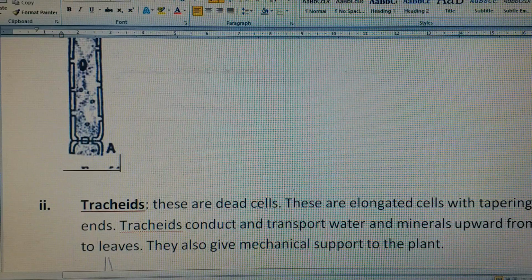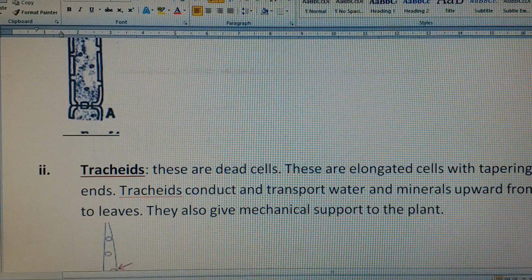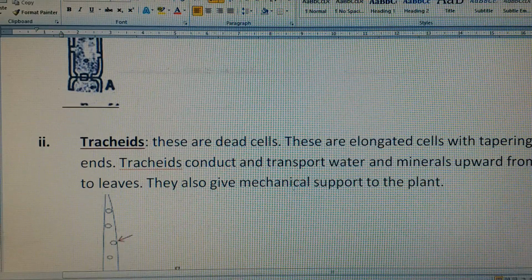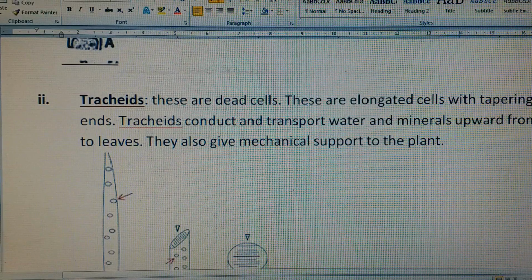Now, the next cell is tracheids. Tracheids are dead cells. Actually, when xylem parenchyma die, they form another cell that is called trachea.